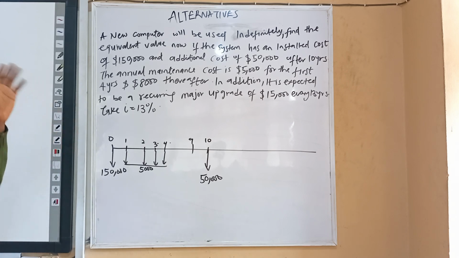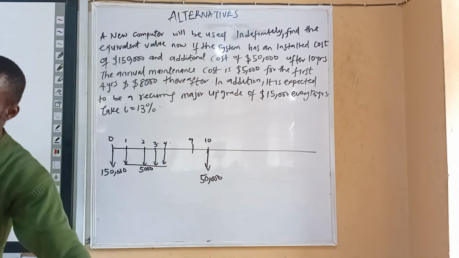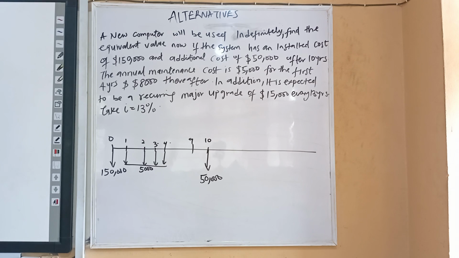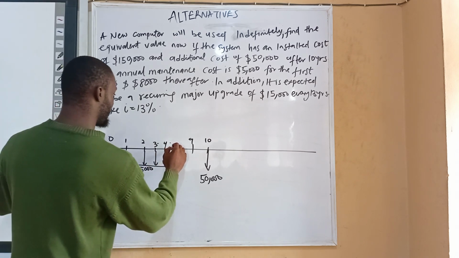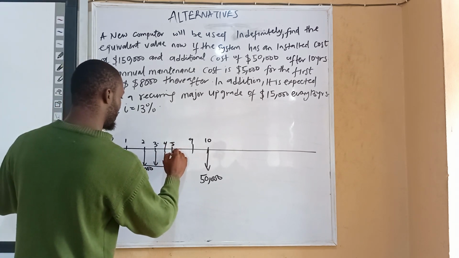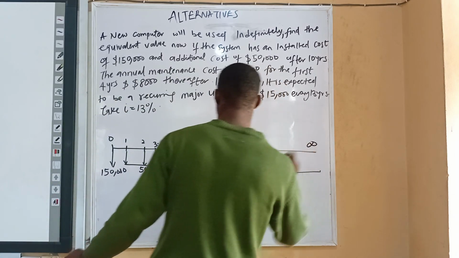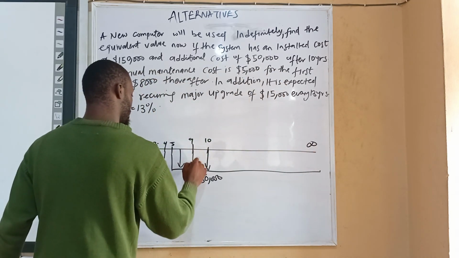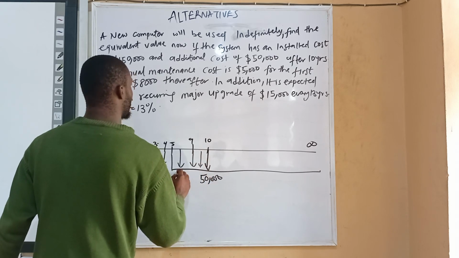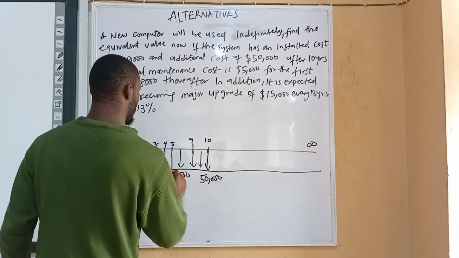And 8,000 thereafter, which does not have an end. So from year 5, there's a uniform series to infinity of 8,000.